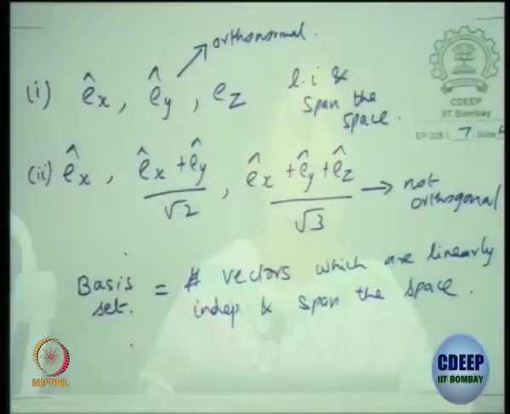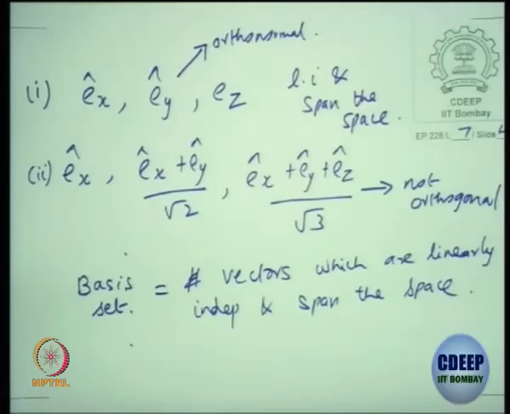But conventionally, whenever we do all our vector calculus and so on, we prefer to work with an orthogonal basis set. A basis set is a set of vectors which are linearly independent and could span the space.